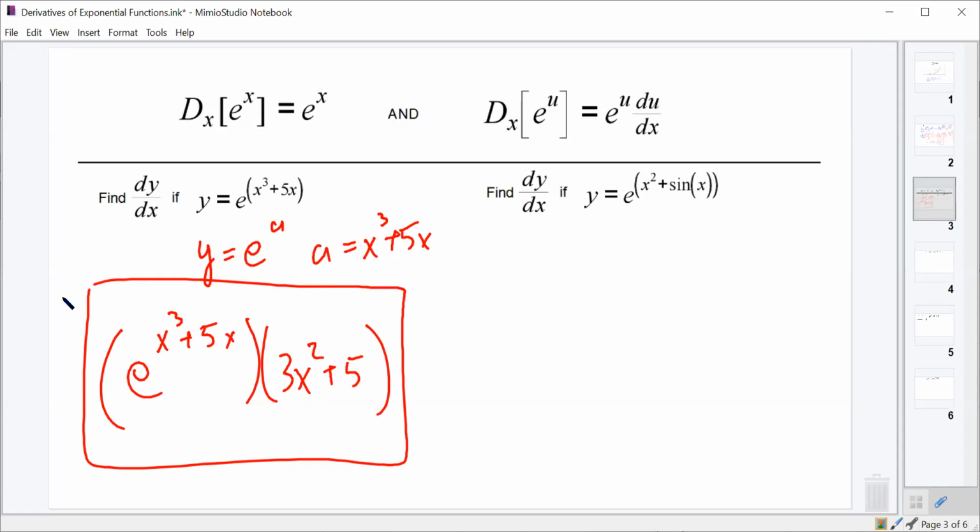Any issues on that? All right, what about this one? This one, y prime should be just this function, e to the x squared plus sine x, times the derivative of that function, which is 2x plus cosine x. Everyone good there or no?